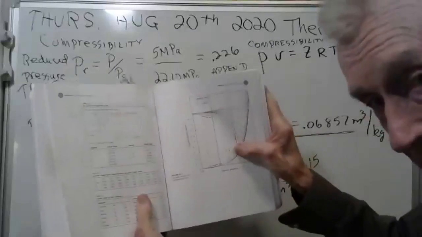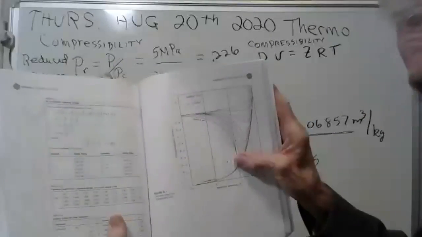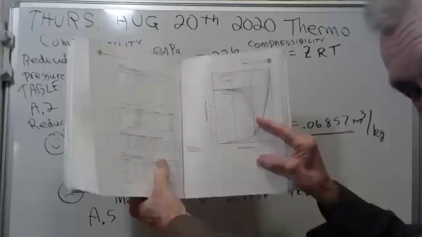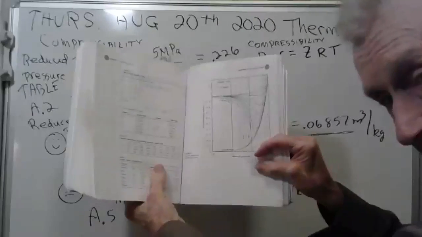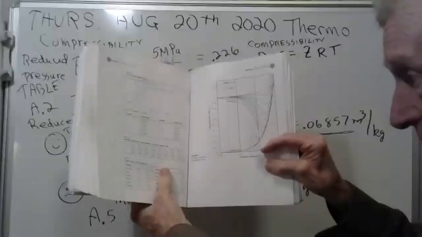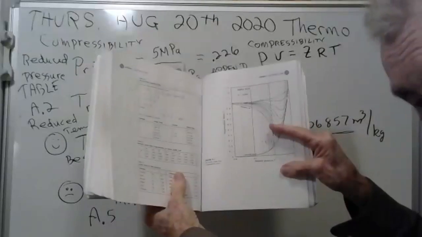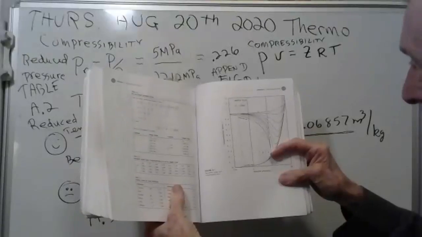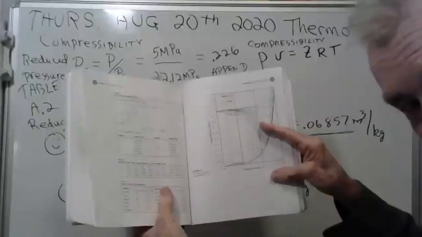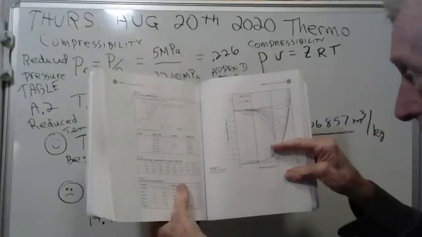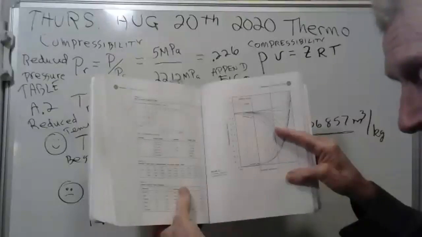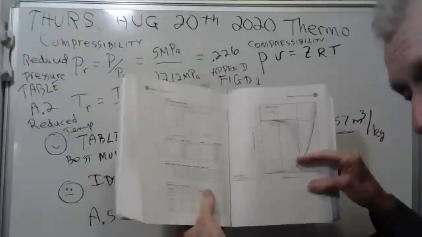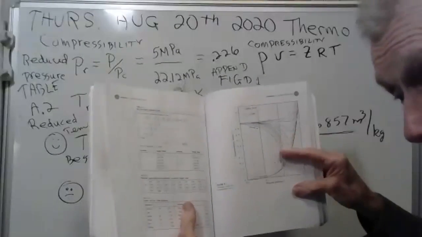I don't think it shows up very well, but there it is. It's on page A77. See where my finger is wiggling? There's a diagram back there, and we're going to find what they call the compressibility constant or factor.